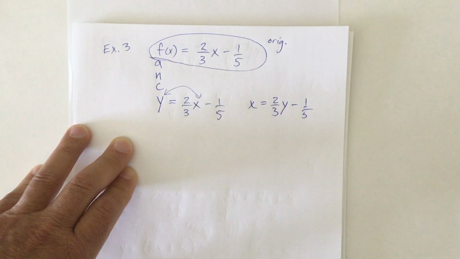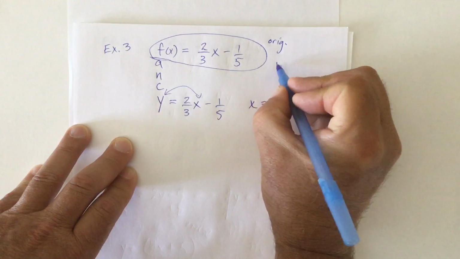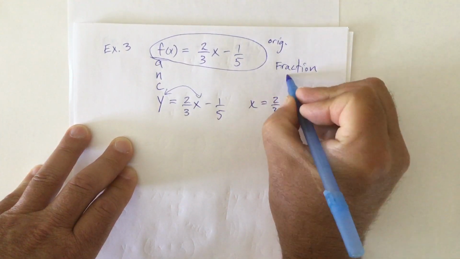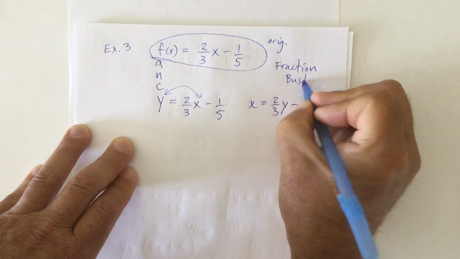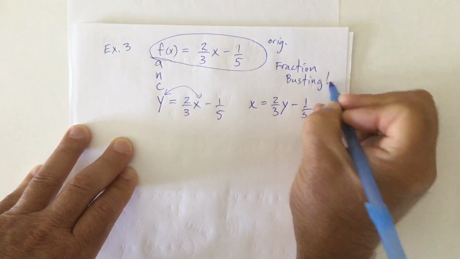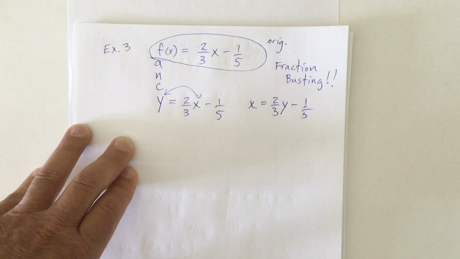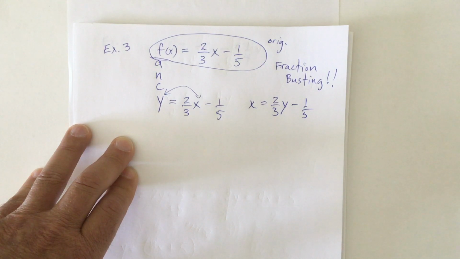Now, there's different ways to solve for y. There really is. But me, I am all about fraction busting. Okay, fraction busting is my preferred method because it is a good habit to get into that lasts a lifetime.